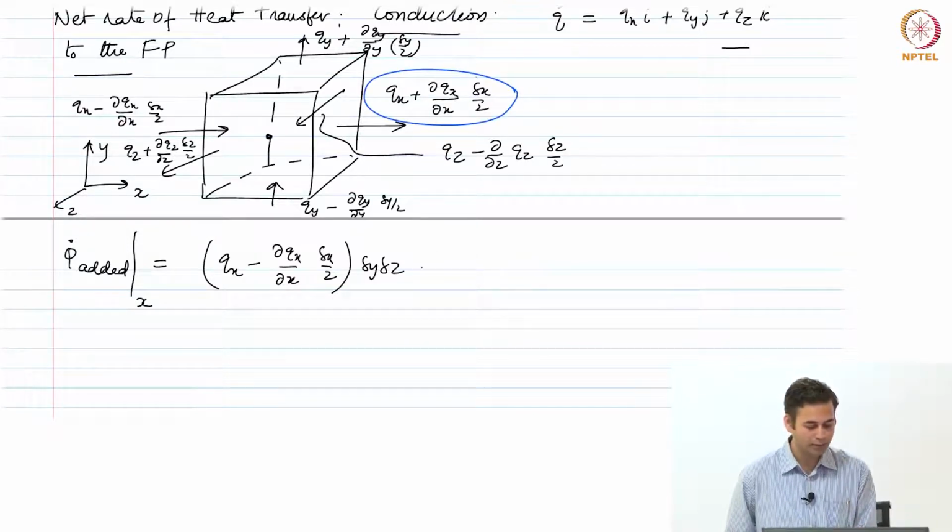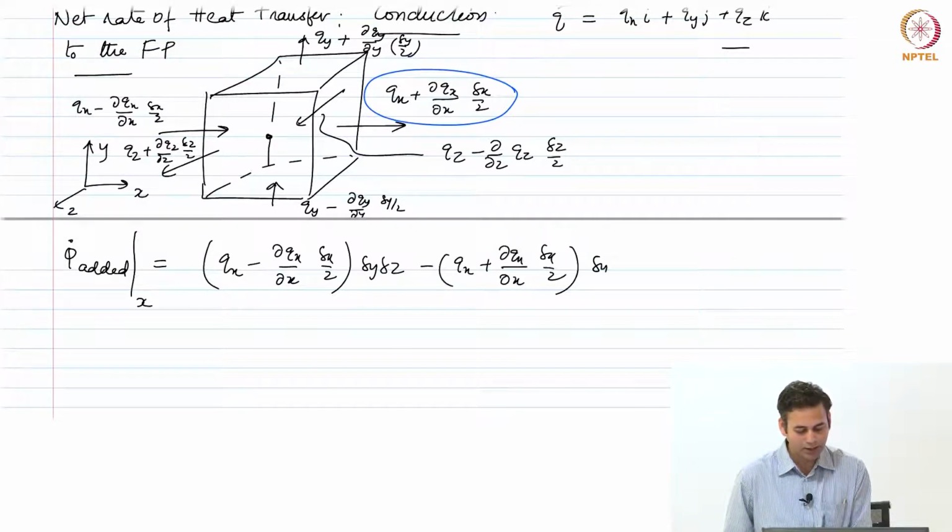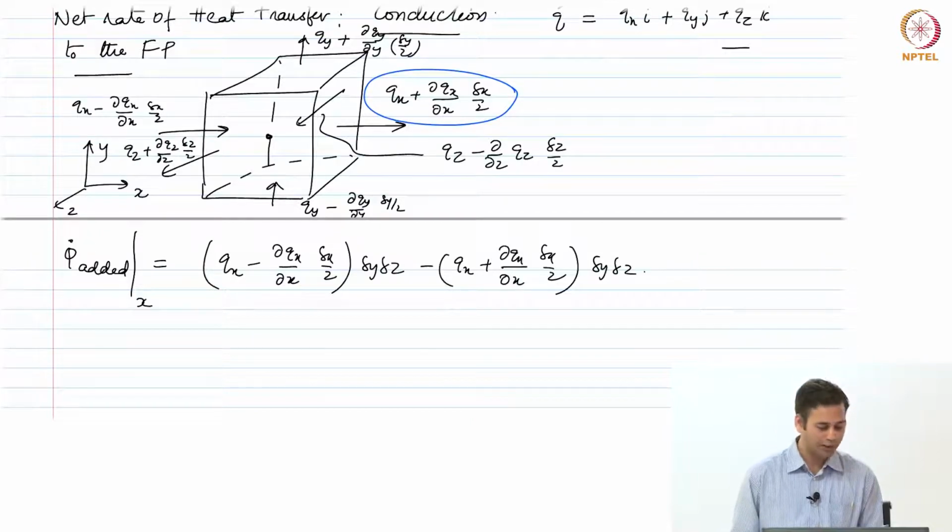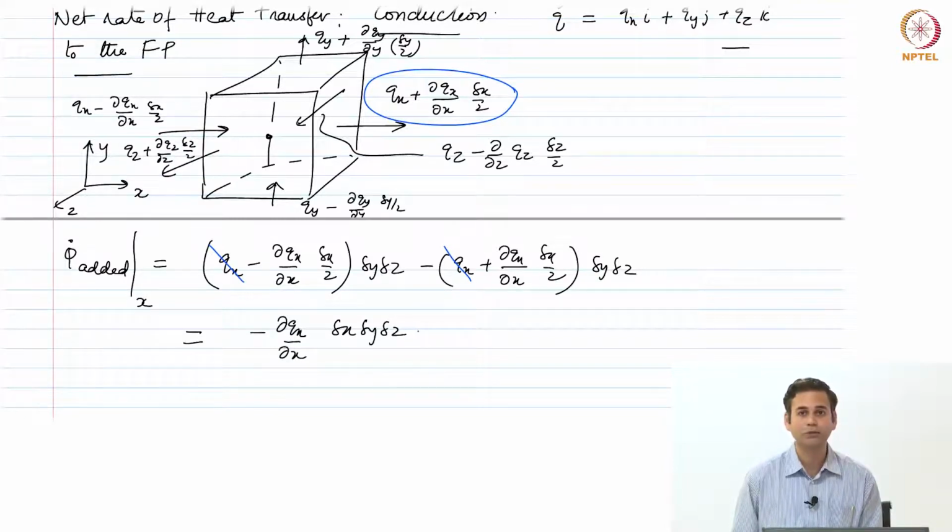So, this is minus qx plus partial qx by partial x delta x by 2 times delta y delta z, okay. That is leaving. So, what terms will remain here? Again qx gets cancelled and then we have 2 halves of the partial derivative term here, so they will add up to 1. So, that will be minus partial qx by partial x times delta x delta y delta z, the term that is retained in the heat transfer in the x direction, okay.